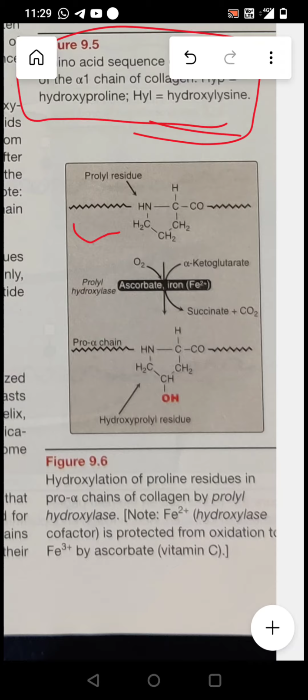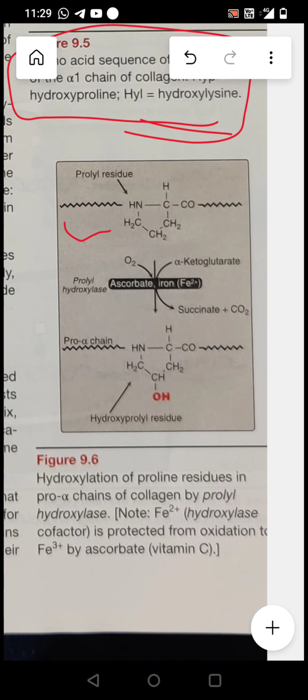The other important point told in this picture: see how proline gets hydroxylated in the pro-alpha chains of collagen by prolyl hydroxylase. This hydroxylase's cofactor is protected from oxidation to Fe3 plus by ascorbate. This part is very important.